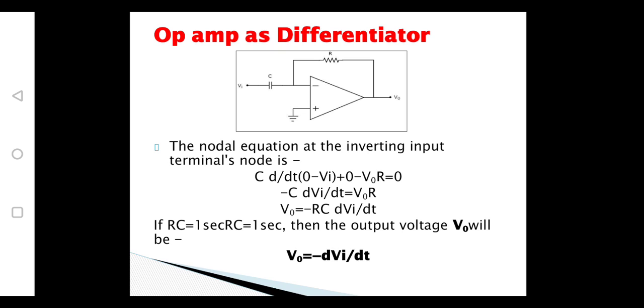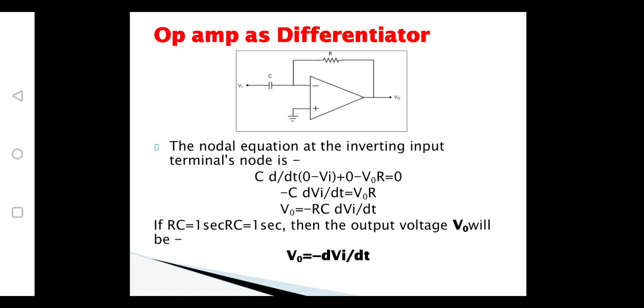So the current flowing through the capacitor C is equivalent to C d by dt of (input voltage minus 0), where 0 indicates the virtual ground concept. Similarly, the output voltage is equivalent to minus V0 into R. If we simplify this, we get V0 equal to minus RC dVi by dt. Here 0 represents the voltage because of the virtual ground concept.